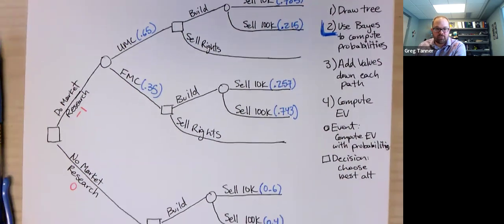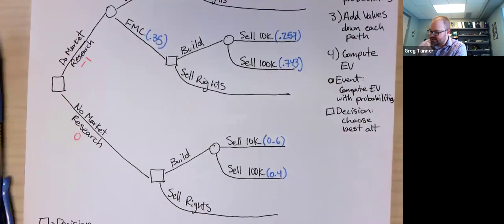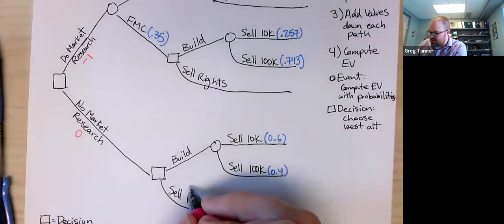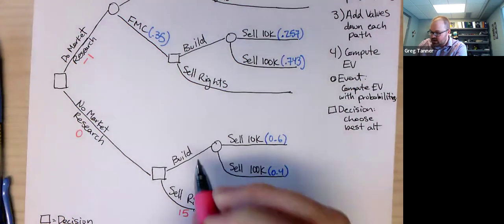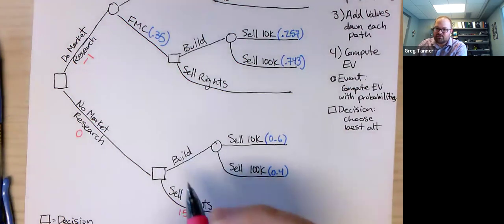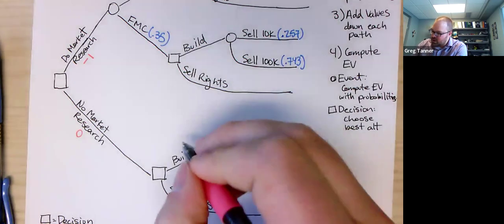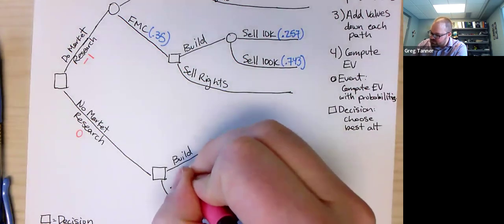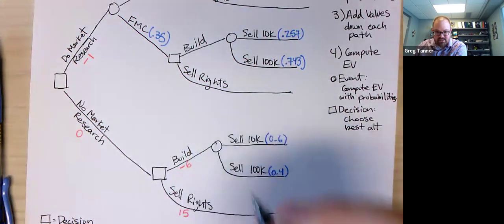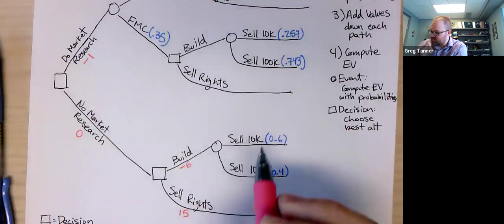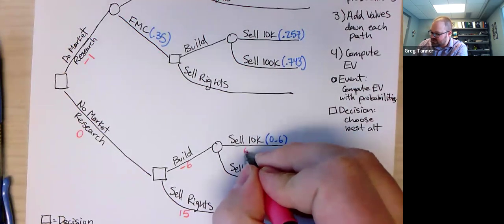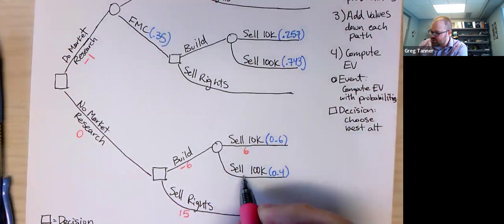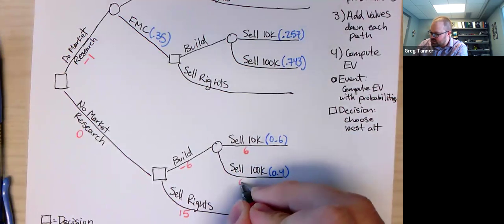If we sell rights, that's going to give us a value of 15. If we build, and you look back at the original problem, building itself is minus 6. If we end up selling 10,000, we get plus 6. And if we sell 100,000, we get plus 60.